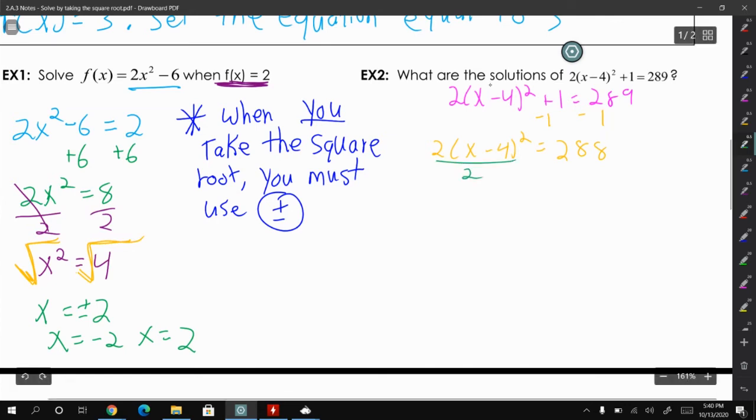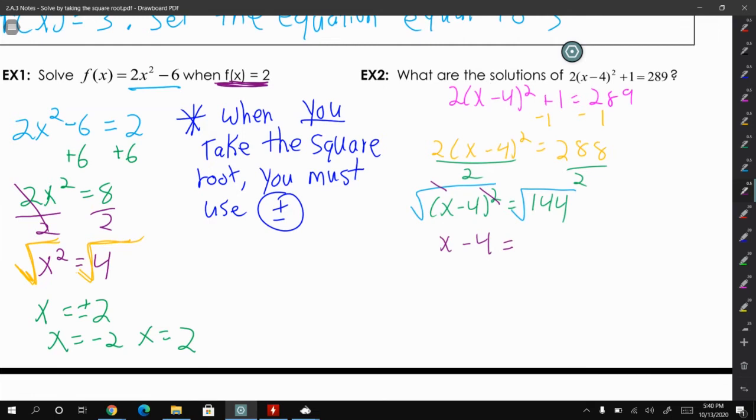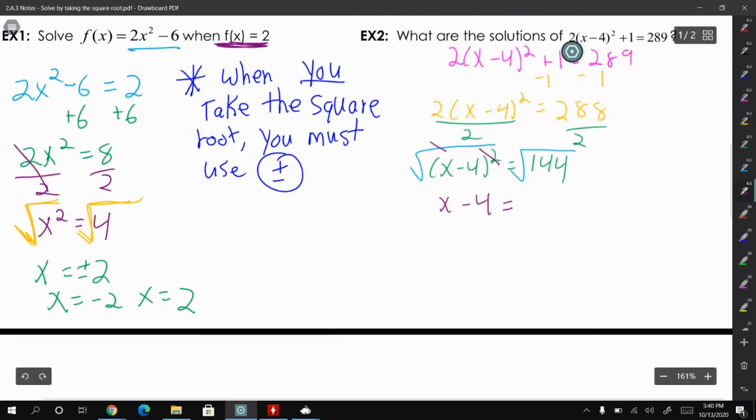Then we divide everything by 2. We get x minus 4 squared equals 144. Then we take the square root of both sides. All the square root does is get rid of the squared part. So we have x minus 4 equals, well, you would think the square root of 144 is 12, but because we took the square root to solve this, we have to do plus or minus 12.